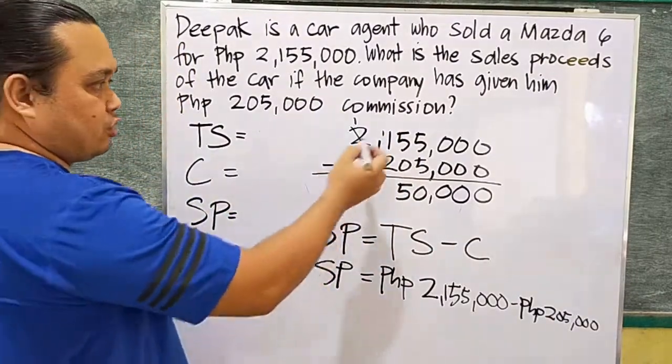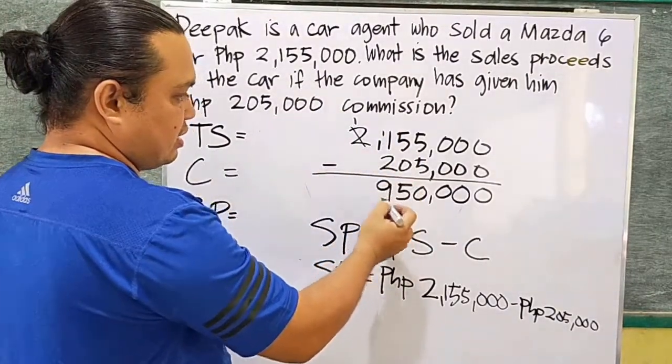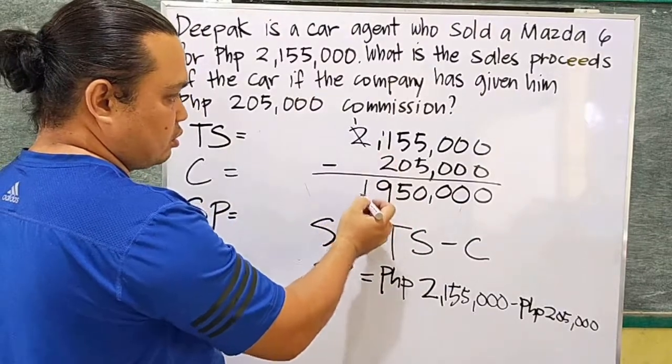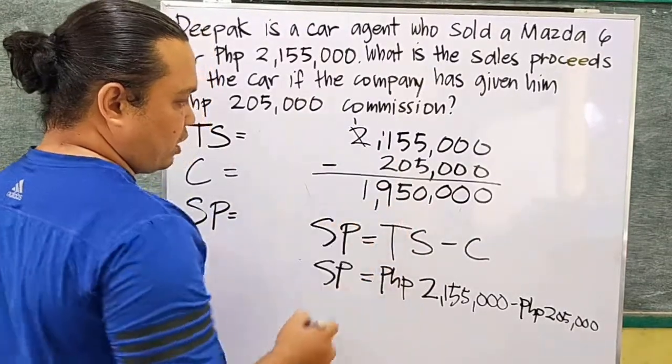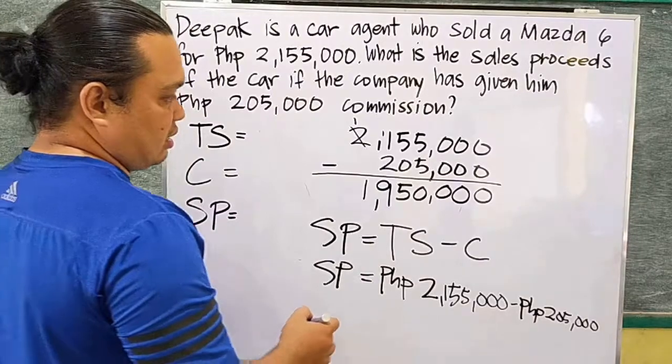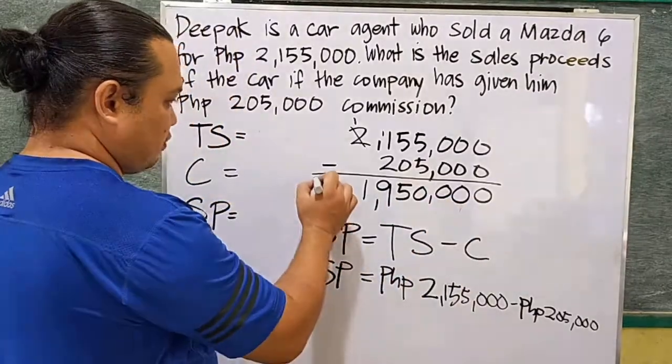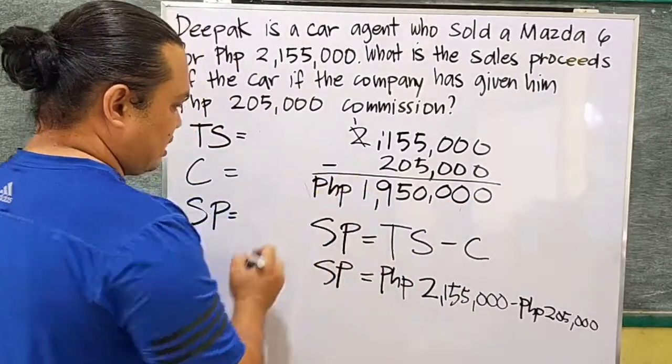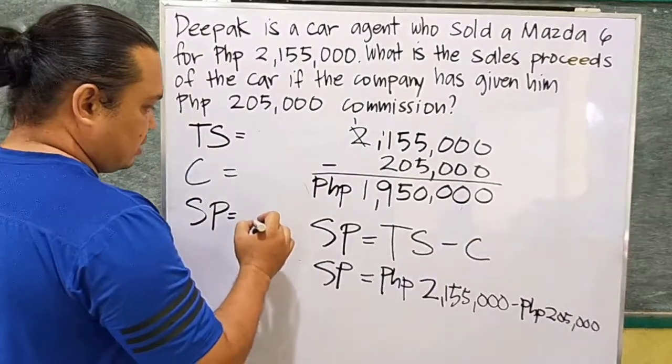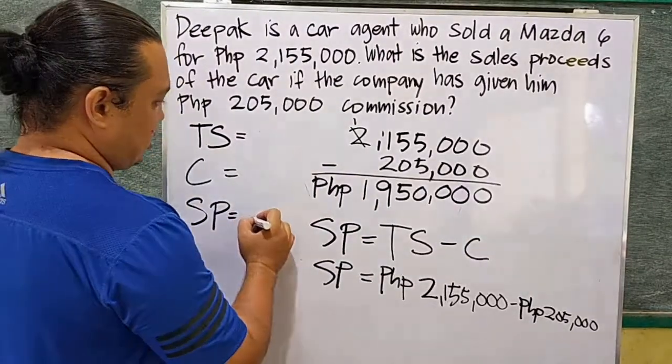So 11 minus 2 is 9. And bring down 1. So we have 1,950,000 Philippine pesos. And this will be our sales proceeds.